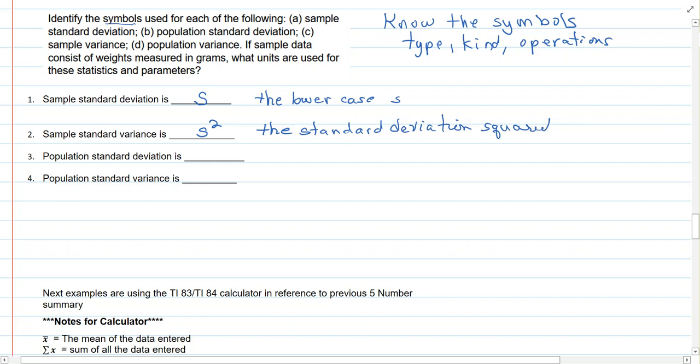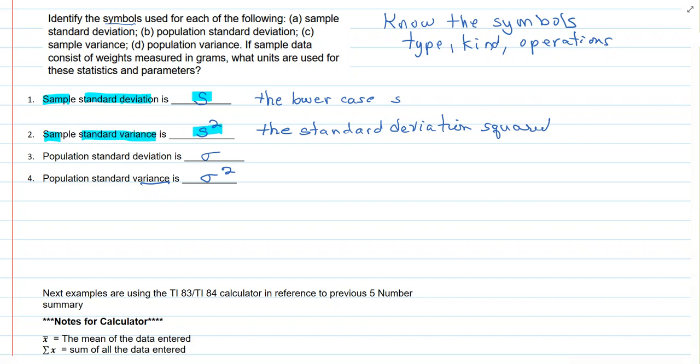Well, the population standard deviation is the sigma sign, and therefore the variance is sigma squared. So these are the symbols that distinguish samples of standard deviation and population. And those can give you a heads up of what the study is using.